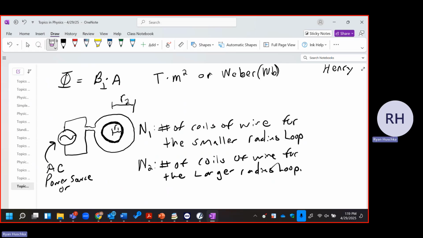And of course, remember, right, that AC stands for alternating current.